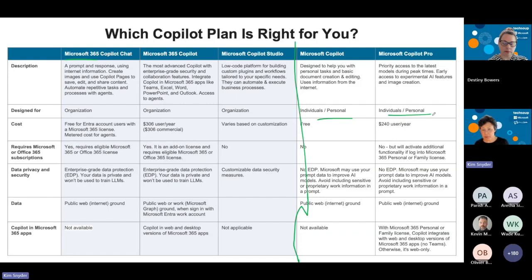I don't know, there might be some people taking this session who are not at an organization, but you're working personally. Maybe you're in grad school or something, you have a personal account. So these are the different tools that you have. You can also have Copilot Pro in that. And again, there's a lot here. These slides will be made available, but these are basically the different levels of Copilot.